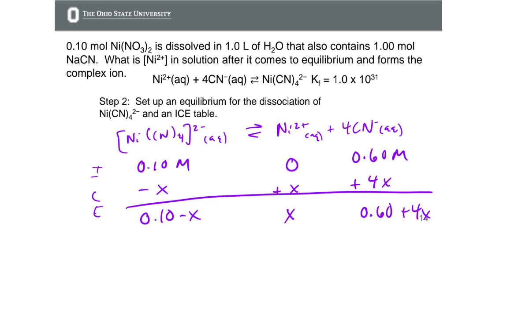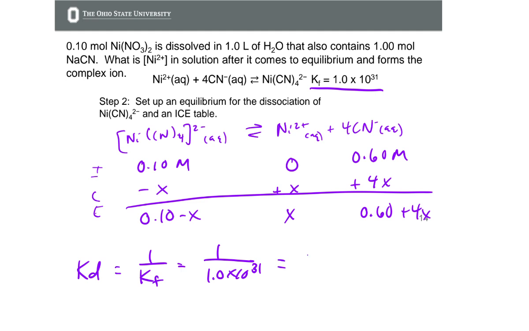All right, so now we're going to put this into our equilibrium constant expression. We were given K sub F, so the formation of the complex ion. But we need to know the dissociation because, as you see, our equilibrium is for the dissociation of the ion, not for the formation. So we're going to calculate K sub D, and that's going to be equal to 1 over K sub F. And K sub F is 1 times 10 to the 31st.